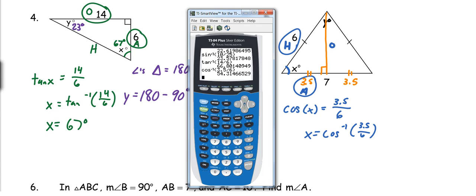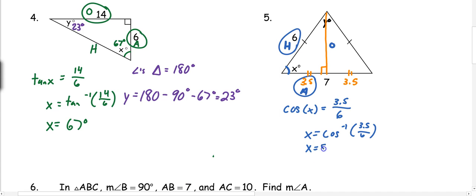And we get that x is 54 degrees. So if it's an isosceles triangle, remember that both angles in the base are 54 degrees. Remember that y is representing this whole angle at the top. So to solve for y this time, we're going to do 180 minus 54 minus 54. We get that the whole angle at the top for y is 72 degrees.